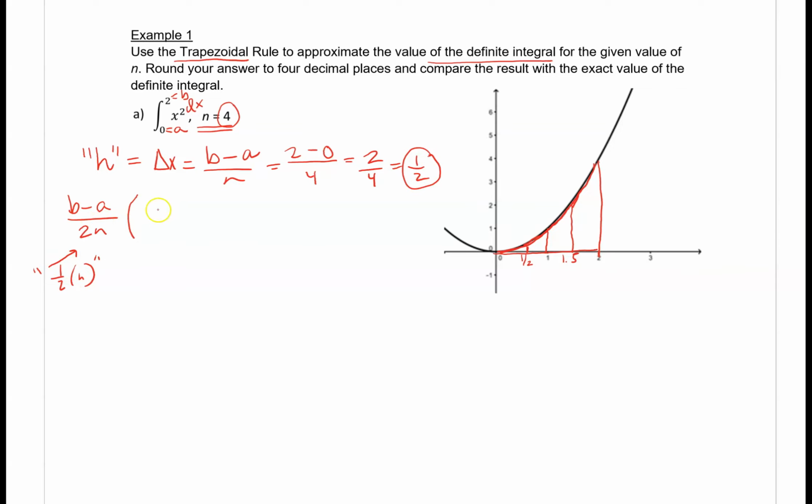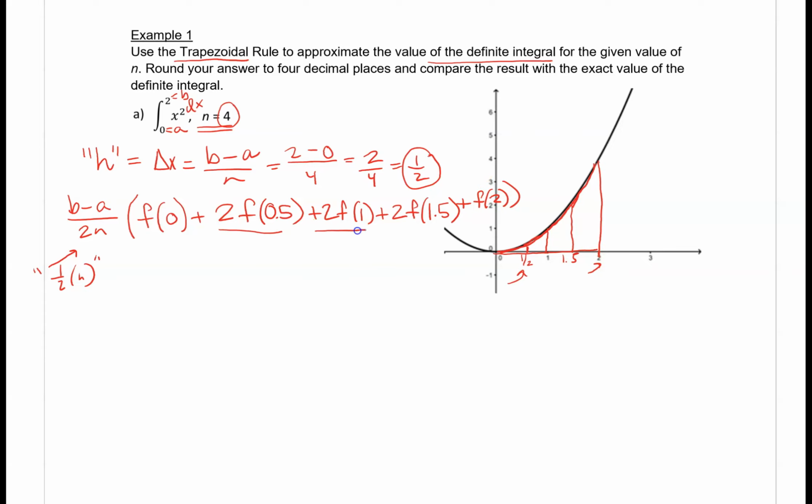So b minus a over 2n times the quantity f of my very left endpoint, which in this case is 0, plus 2 times f of my first in-between endpoint, so f of 1/2, maybe I'll call it 0.5, plus 2 times y evaluated at my second intermediate x value, plus 2 times the y value evaluated at my third intermediate x value, and then plus 1, just 1 of the y values evaluated at the final endpoint.